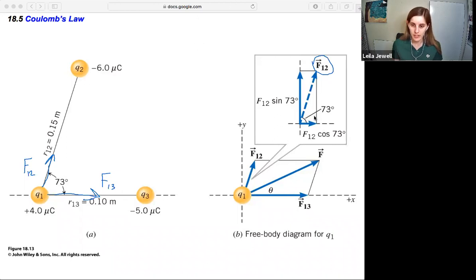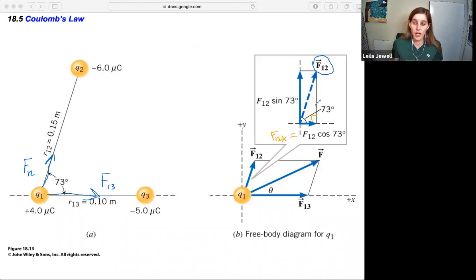Noting that we have a right triangle here. So cosine would be the adjacent side over the hypotenuse, and then we multiply the hypotenuse F12 out to get the adjacent side here. So this would be the x component. So F12x is equal to that.